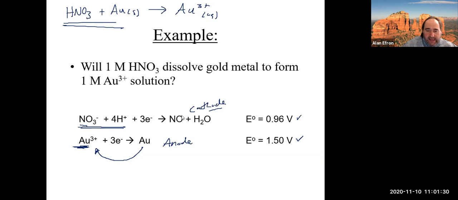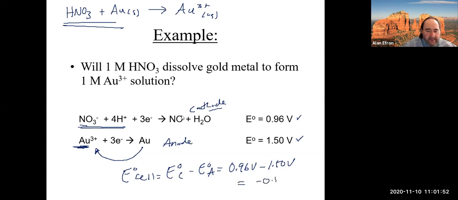If we calculated our E of our cell, taking our cathode minus our anode, our cathode in this case would be our nitric acid minus our anode, which is our gold, yielding minus 0.54 volts.